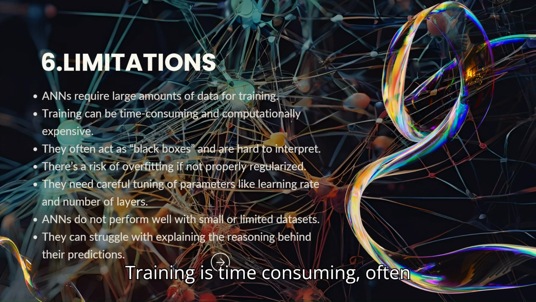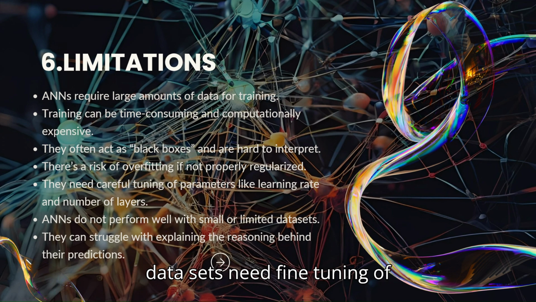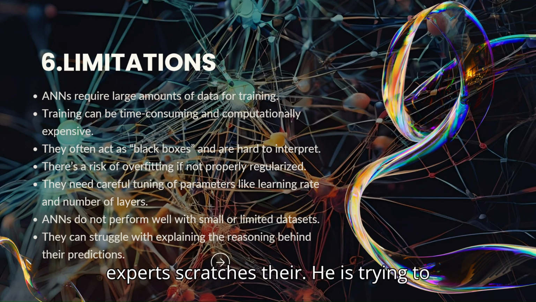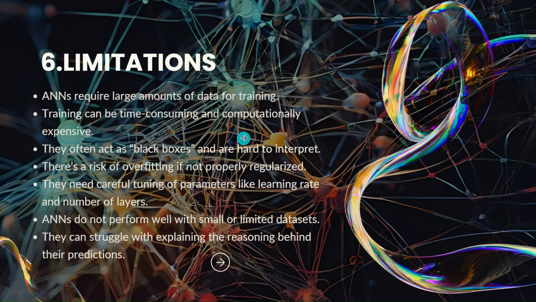Training is time consuming, often like a black box, hard to interpret, risk of overfitting. Like there is a large amount of data, so it tries to overfit the data. Struggle with small data sets, need fine tuning of parameters, and sometimes even experts scratch their heads trying to understand why ANN gave a certain output, right?